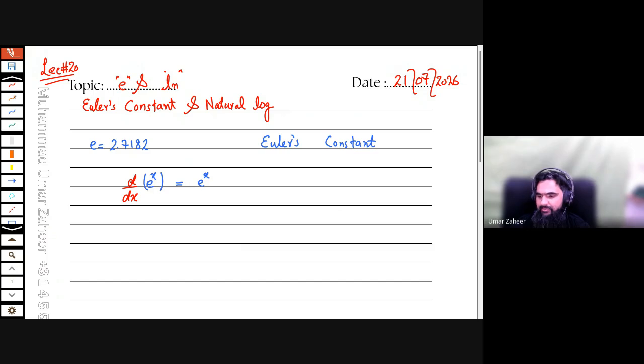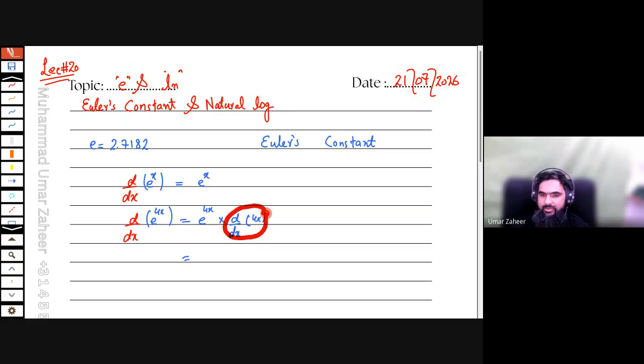All right. For example, if you take the derivative of e raised to power 4x, it will be exactly the same, e power 4x. But obviously you have to multiply by the derivative of the power, that is 4x. So you will get the final answer.